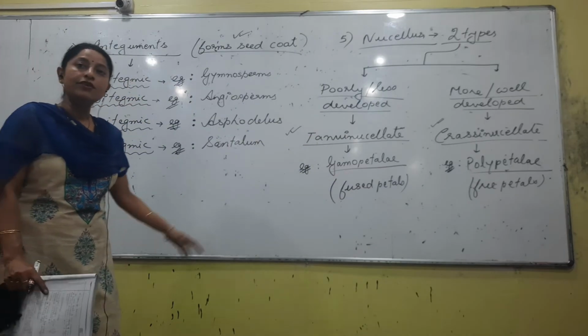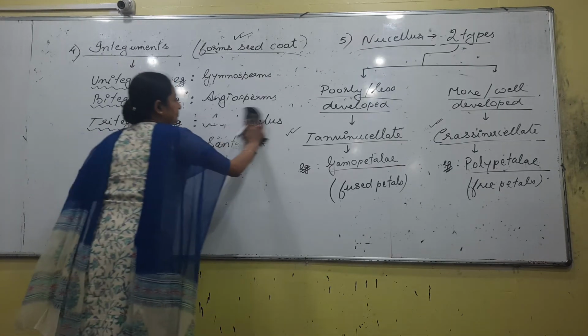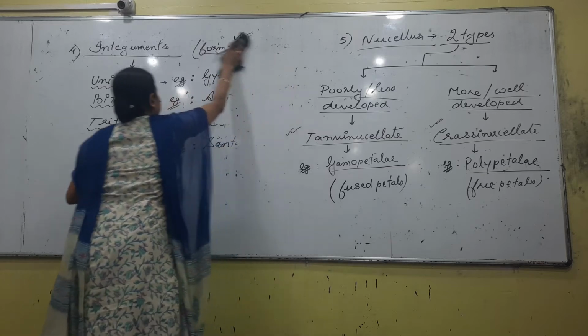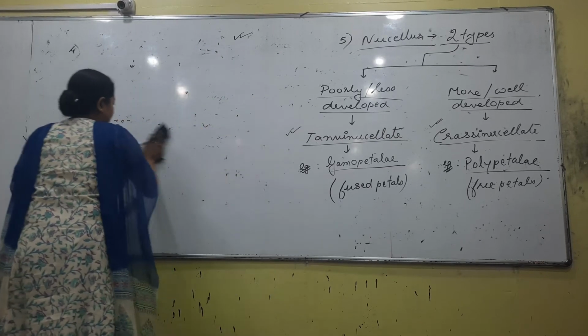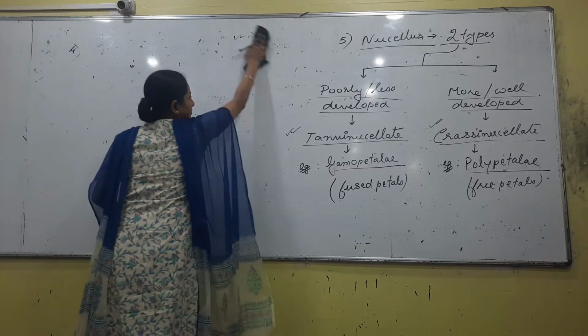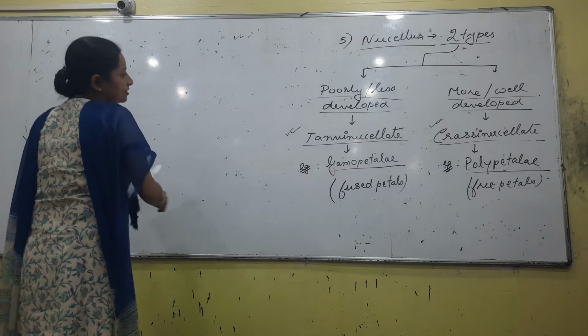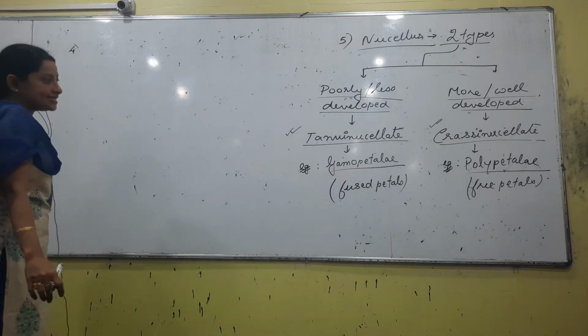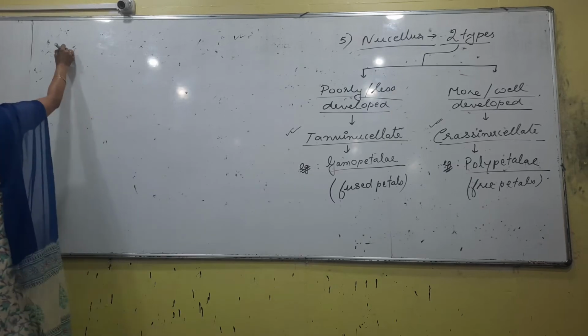So, you have to know the meaning of tenuinucellate and crassinucellate, right. So, do not get confused between these words. Less and more, you have to remember this now. We will continue with nucellus.